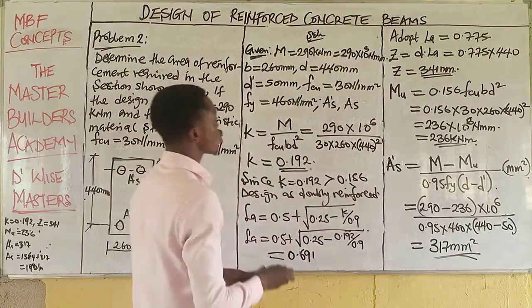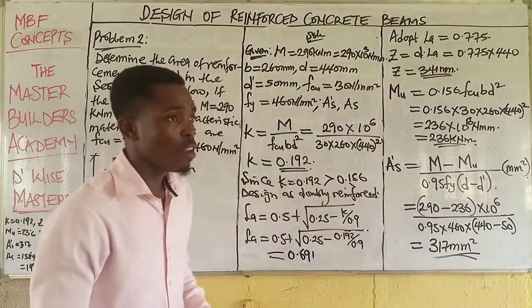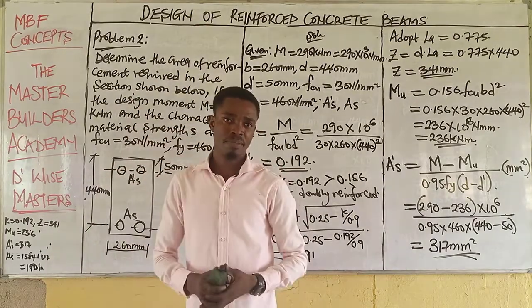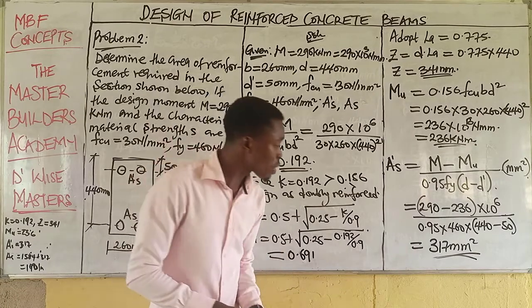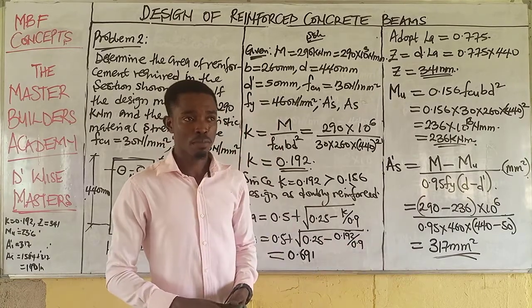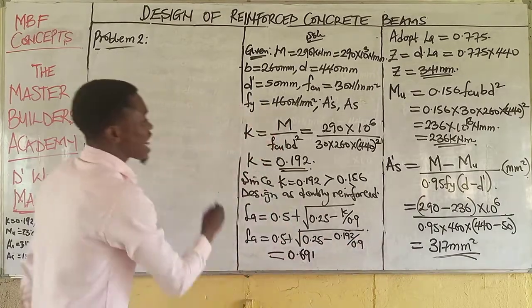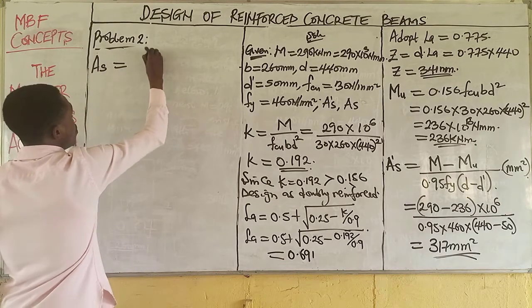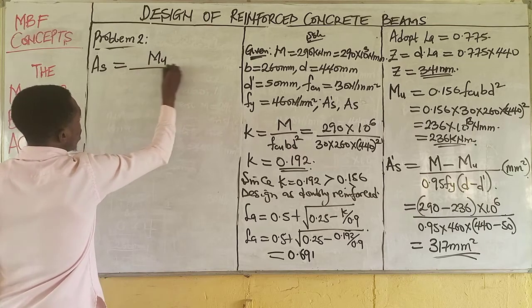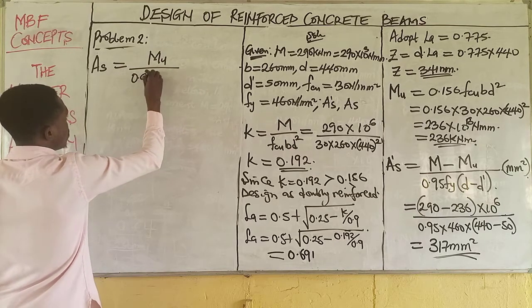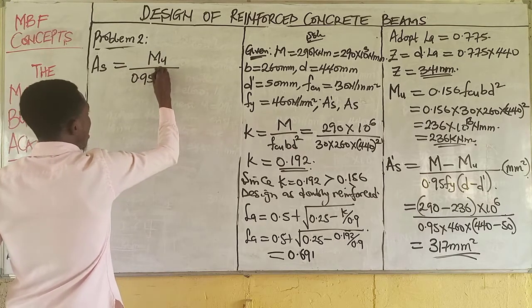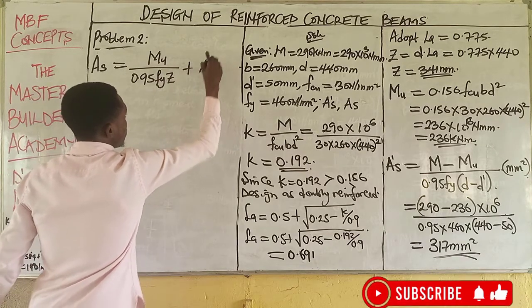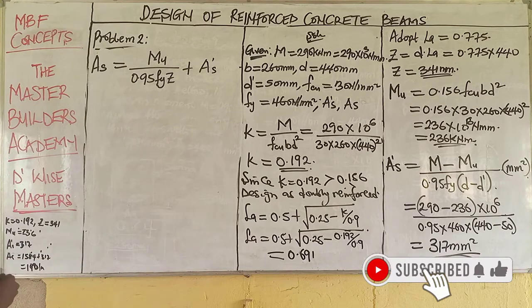Now, the next thing we do is to quickly calculate the area of the tension bars. For us to do that, we will quickly state the formula and proceed. The area of the tension bar, As, is equal to Mu all over 0.95 fy Z, plus As prime. It's as simple as this.